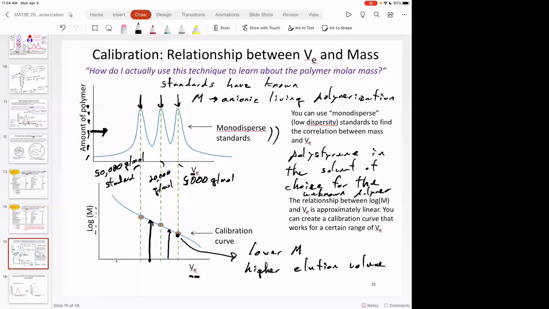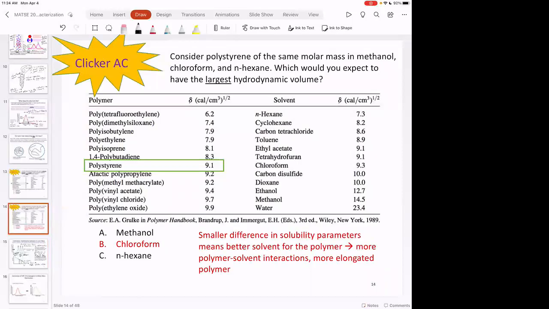So that coil can contract and expand a little bit depending on the polymer solvent match. And that's the really tricky part about SEC, is it's hard to get a perfect calibration because the polymer solubility parameter is always moving around a little bit, and the solvent has different solvation qualities for the different polymers. So that's a pitfall of SEC.